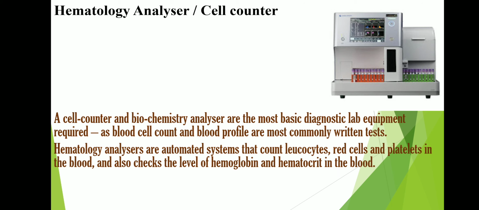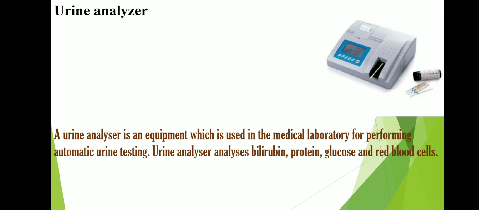Next is our urine analyzer. The urine analyzer is equipment used in the medical laboratory for performing automatic urine testing. It can analyze the bilirubin, protein, glucose and RBC levels in the urine.